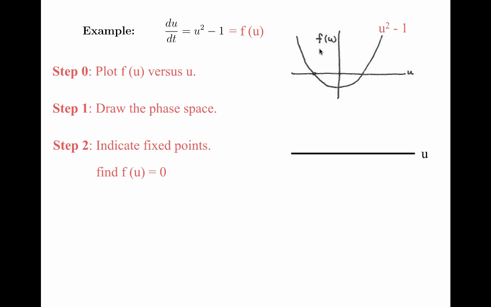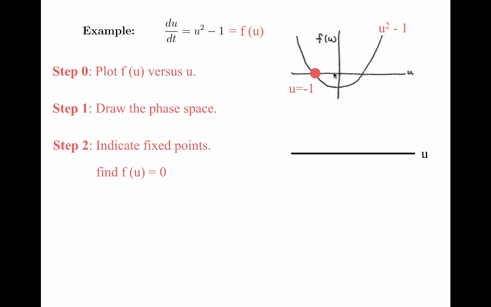By visual inspection of this figure, we can see that there are two fixed points. There's one here on the left where our function f crosses the horizontal axis. This corresponds to a value of u equals minus 1. We can check this. If we plug minus 1 into our function f, minus 1 squared is 1, so we have 1 minus 1 is 0.